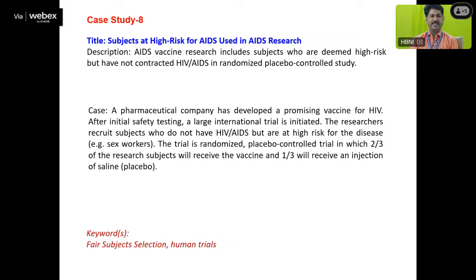I have only taken 8 case studies which I feel we can discuss in today's class, because in the previous 3 classes we had discussed research and publication ethics, meaning during the particular research what ethical standards we have to maintain, and during publications what ethical standards one should maintain. And these 8 case studies, I find, are more suitable for this. Also you can go through the various case studies which are available in various internet sources.